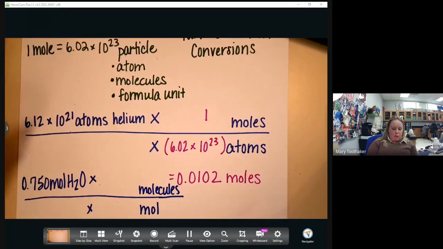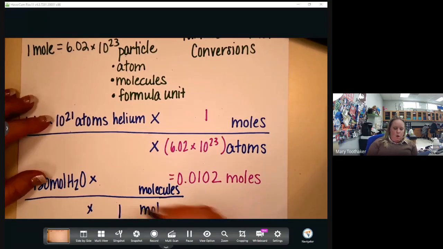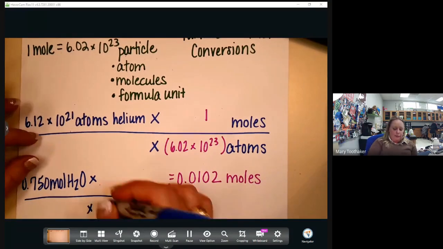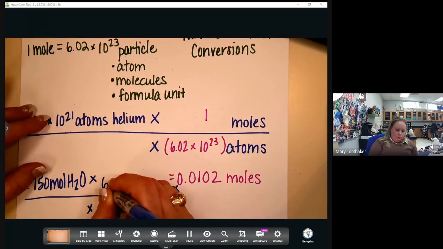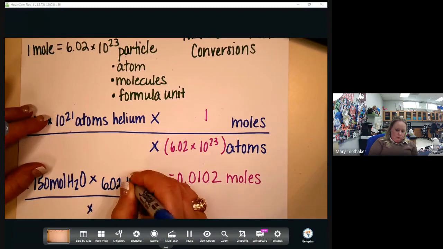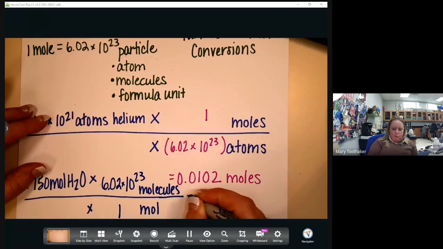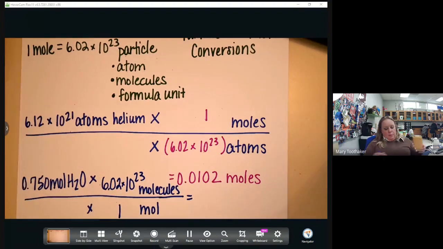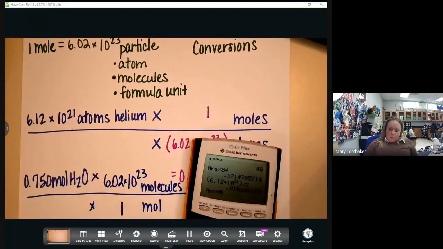All right, what number goes next to the word mole? What number goes next to the word molecules? What mathematical operation are we performing here? Multiplication. 0.75 times Avogadro's number, Z. Oops.